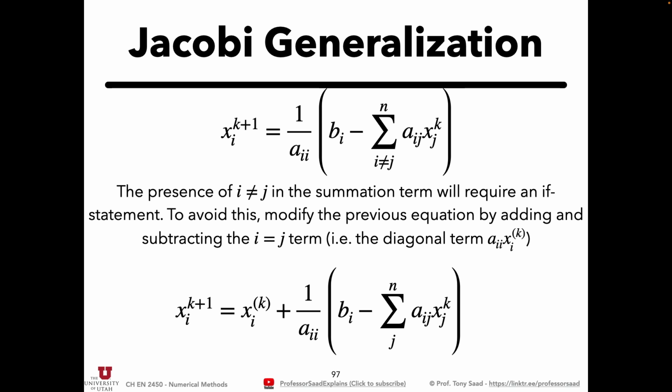But I like this because it stresses the fact that the new iteration, k plus 1, for the ith variable, is equal to the old iteration plus a correction. That's the idea of the iterative method.